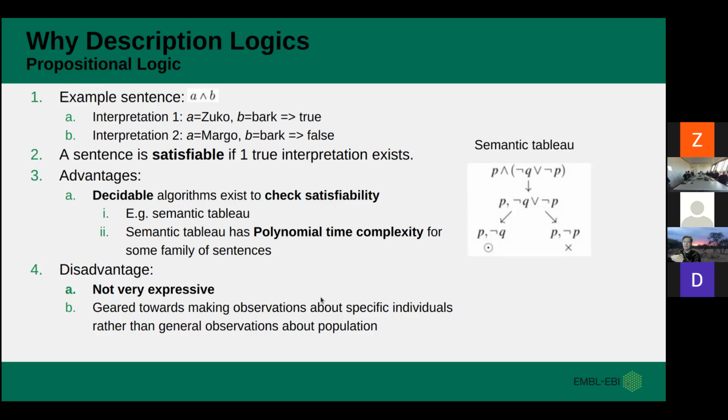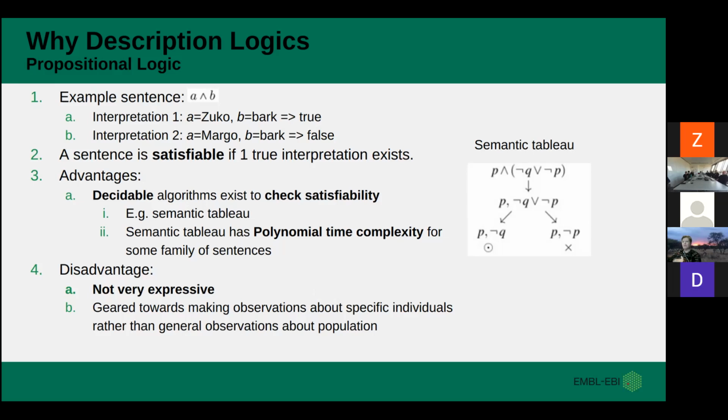There could literally be an infinite number of interpretations for these logical sentences. You may ask, why are we dealing with interpretations? Why don't we just say what we mean? Why was this sentence A and B and not Zuko and Bach? It's because mathematics is about general solutions.